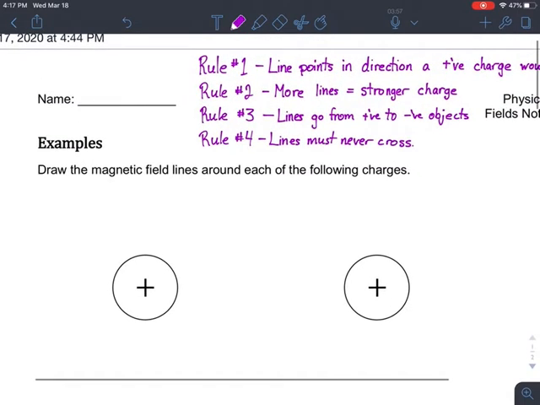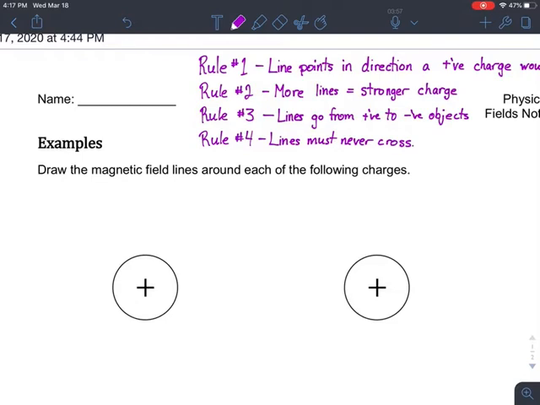That could happen. What we want to do is draw lines around them that represent the field they're in. Fields are an area around an object where you would feel a charge, and we're trying to represent that with lines.